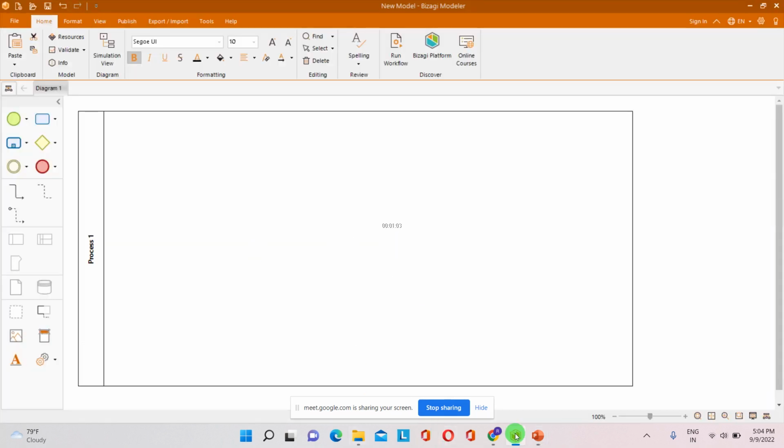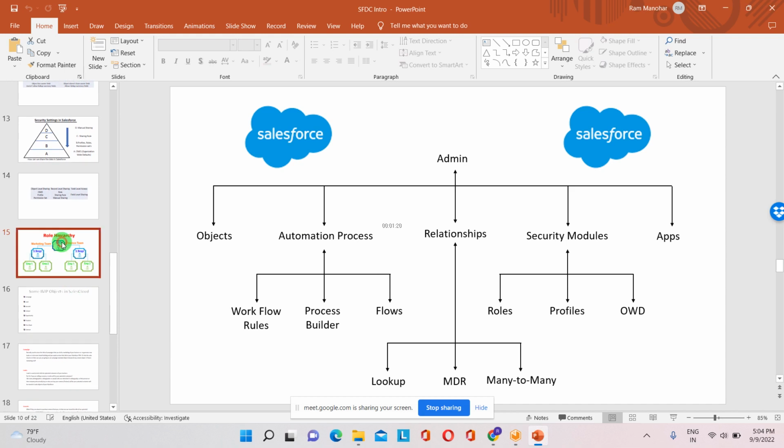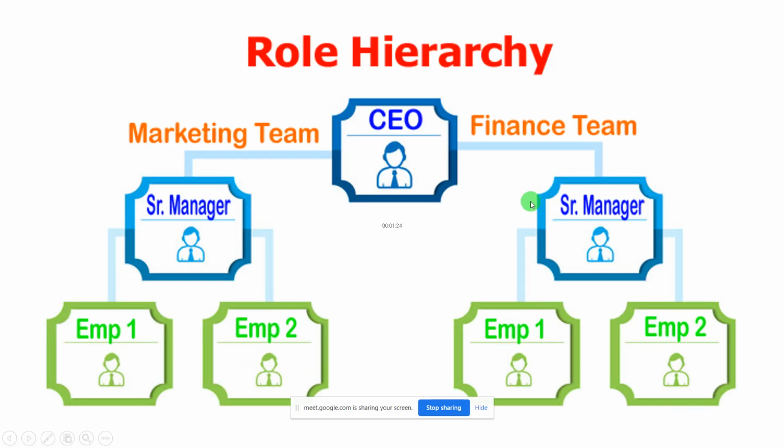In the terminology of approval process itself we can understand that we have to get approval from somebody else. If you see this hierarchy, generally within the organization we'll have hierarchies like this.